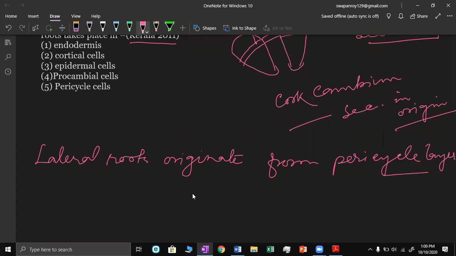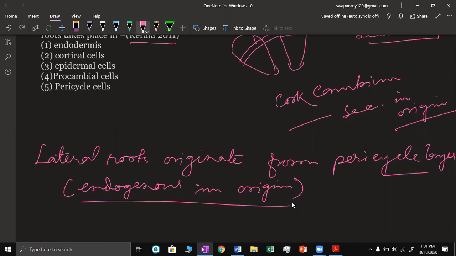This is endogenous. That's why we call lateral roots endogenous in origin, but the lateral branches of the stem are exogenous in origin. So here the answer is number 5.